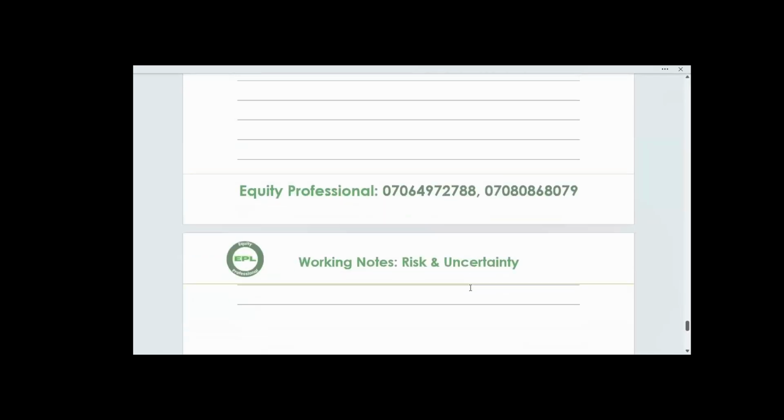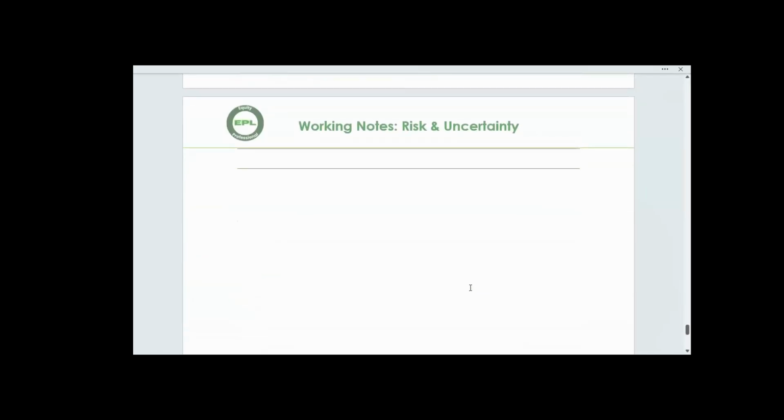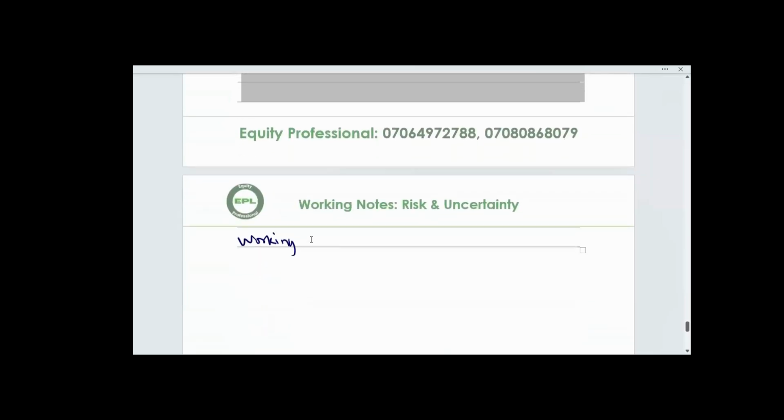So let's calculate. Let's do working. Hopefully this will be sufficient. Let me create additional page.